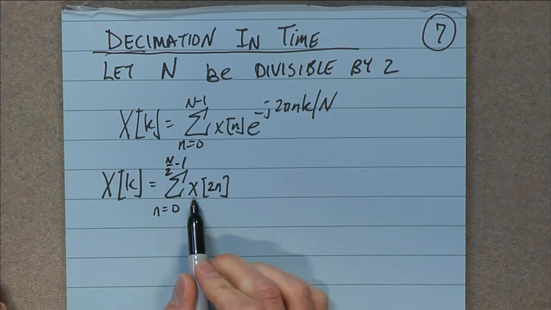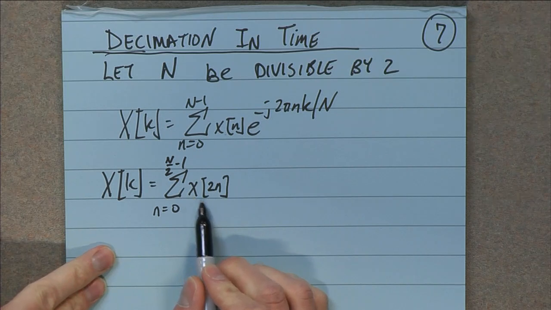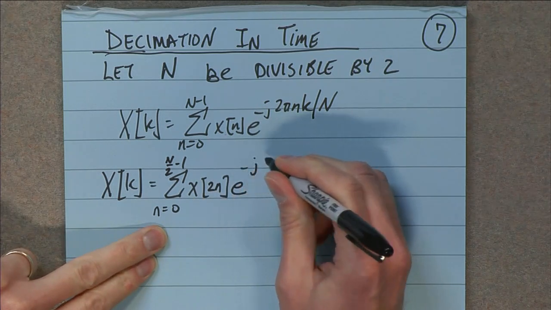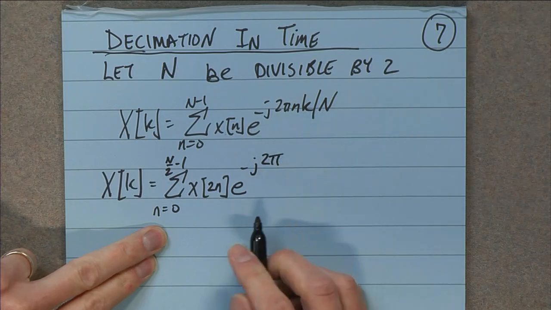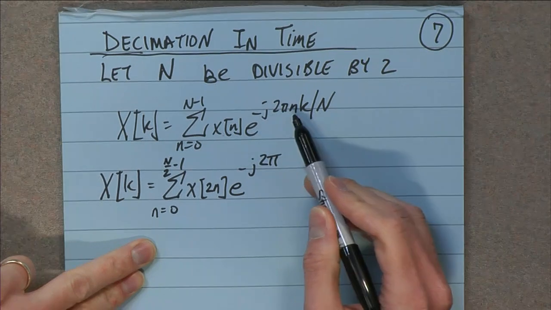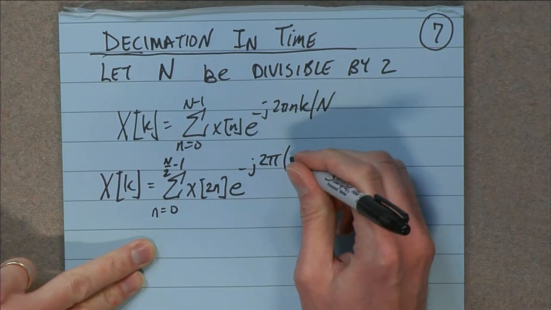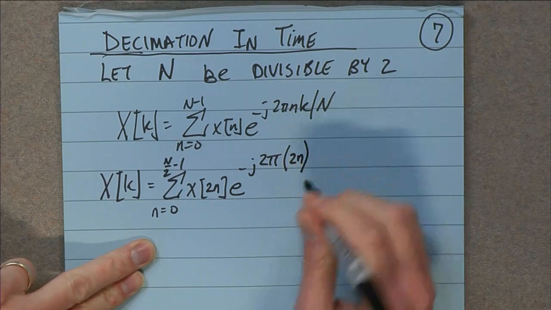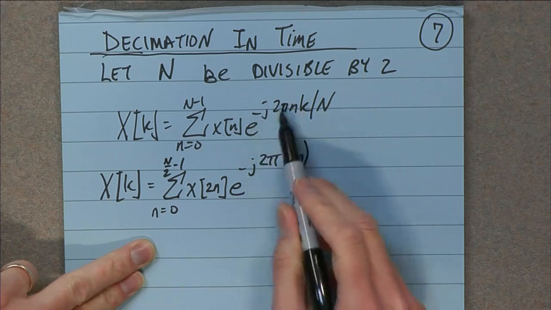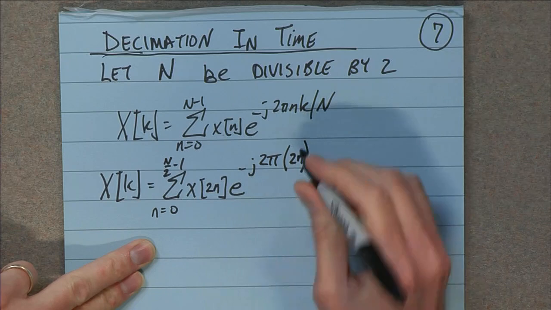So for every single one of these values, x of 2n, this is going to give me the even values, right? But I need this n to agree with that n. Because if they don't, you can imagine that different values here would go with different complex kernels if I didn't.